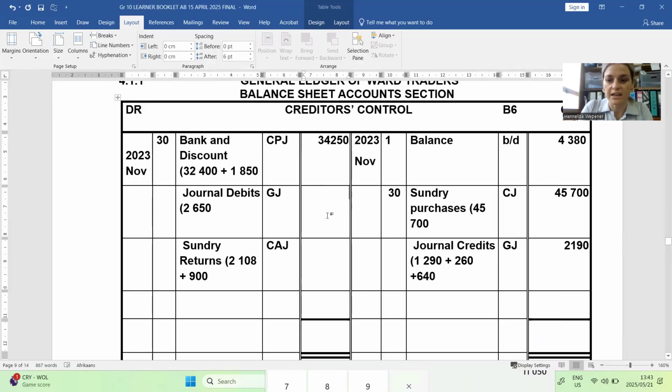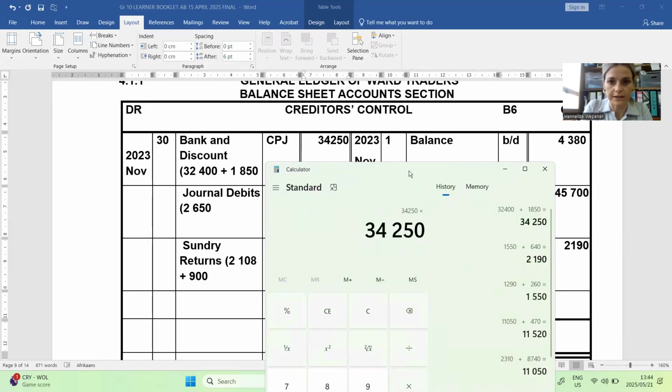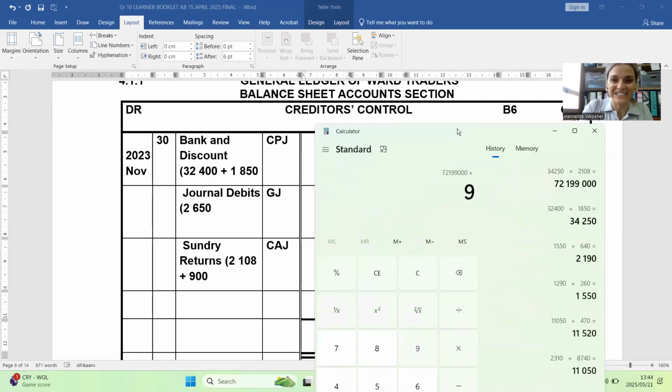We also didn't change our journal debits, and then 3,008. Come on, calculator. So 2,018 plus 900. As you can see, 3,008.